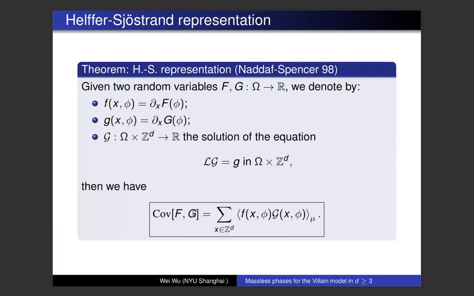You need to take the field derivative of capital G, and then you need to solve this Helffer-Sjöstrand equation, where L is the operator which has two parts that we just introduced. This is the most general form, but a simplified form is that if you look at the covariance of phi x and phi y, this is going to be the expected value of the Green's function, where instead of g you just have the delta function at y. So that will be just this expectation of the Green's function.